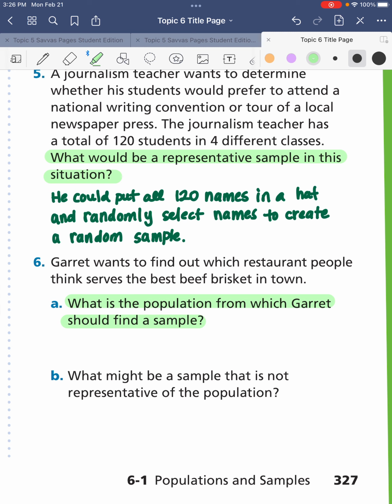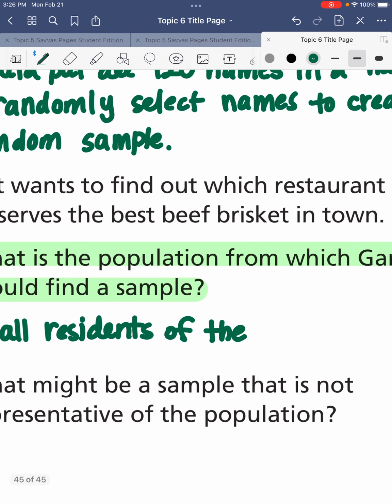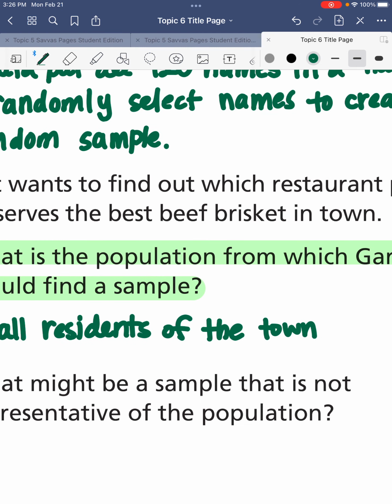Wouldn't it be every resident in town? That's what I think. So I think the population is all residents of the town. And remember, residents means people that live in it. So everyone that lives in the town is part of the population.